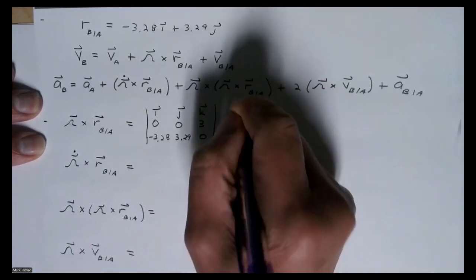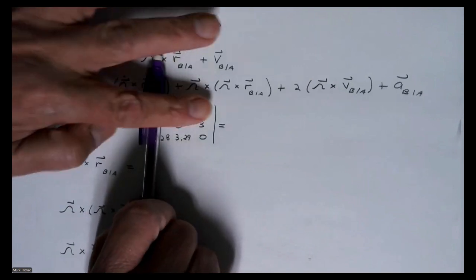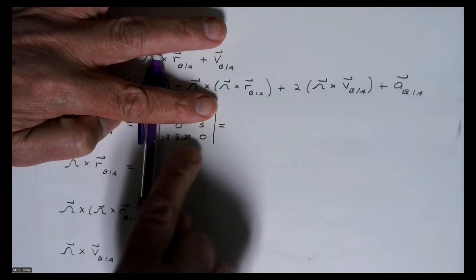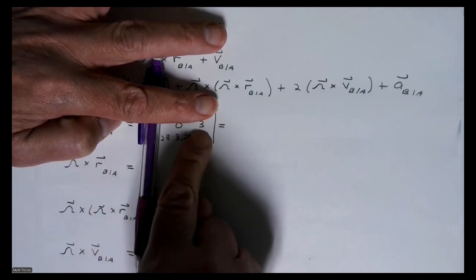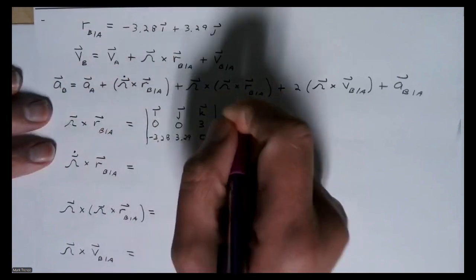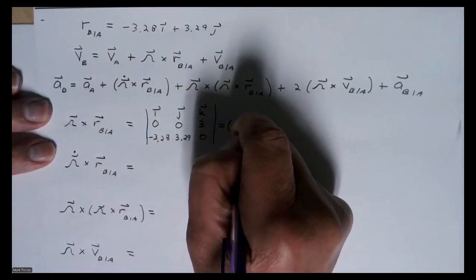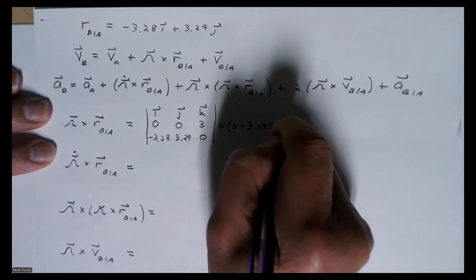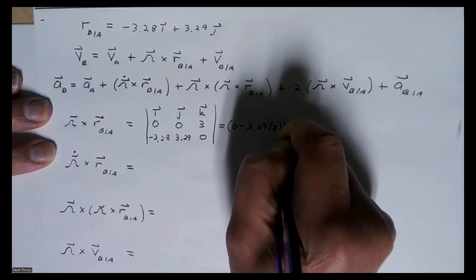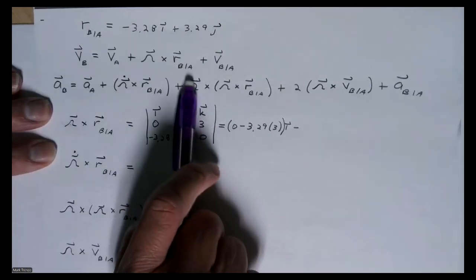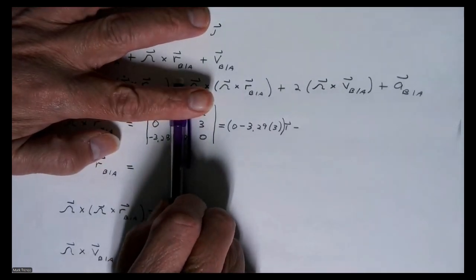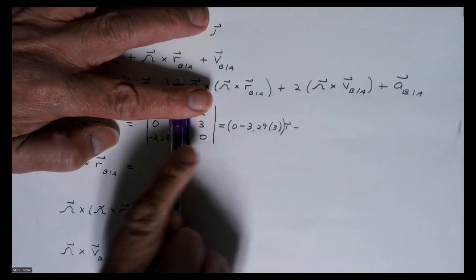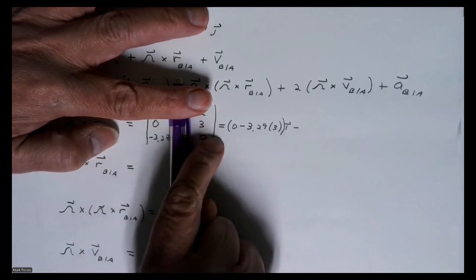Once again, I'll just do this first one. If we cover up the column and the row of I, we get this determinant: 0 times 0 minus 3.29 times 3. And then cover up this one. Again, J is always negative, and then 0 times 0 minus negative 3.28 times 3.